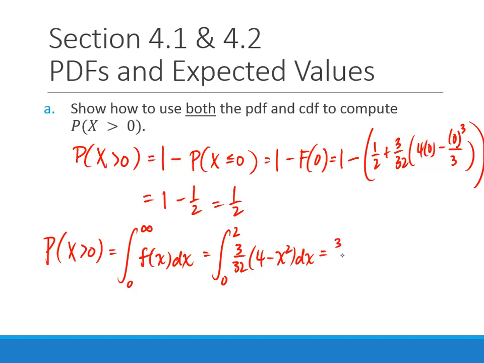This is going to be 3/32 times 4x minus x cubed over 3. Again, we need to evaluate that at our endpoints, 0 and 2. And if you plug those numbers in, you will indeed get 1/2. So gloss over that step for now.